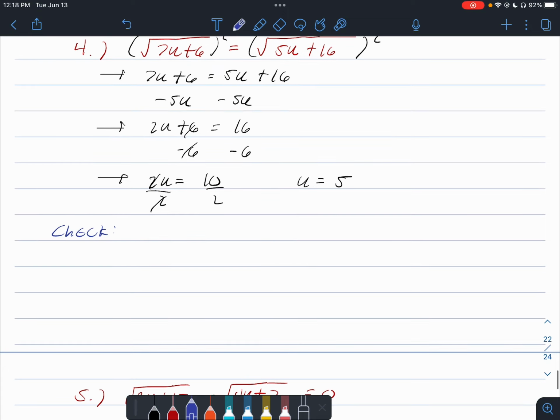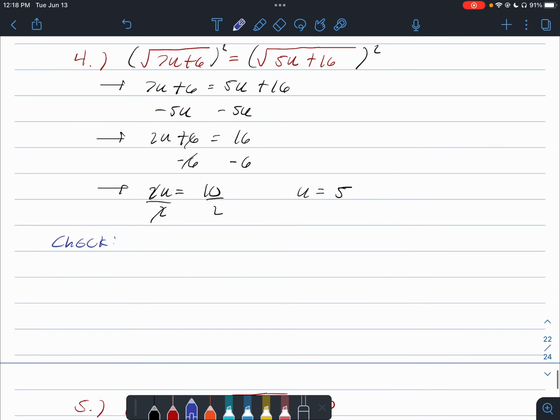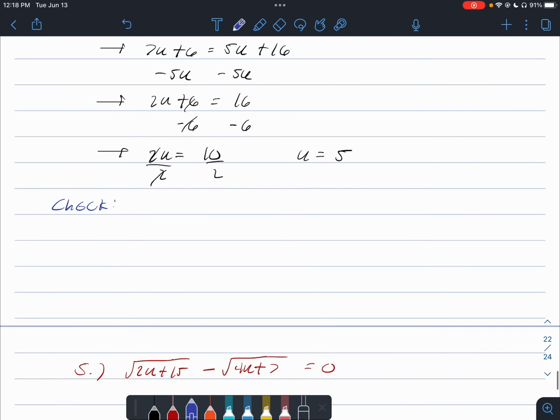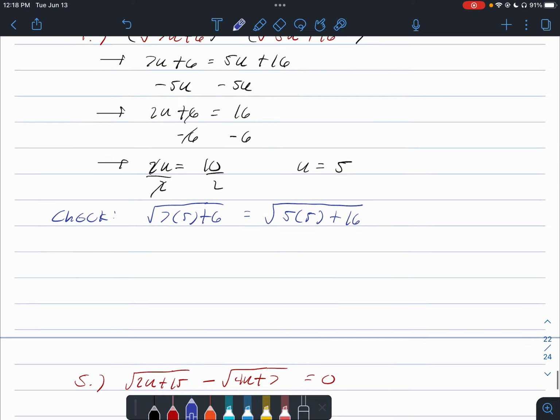All right, so if it makes sense, we should get something that is equal on both sides. So we'll have the square root of 7 times 5 plus 6 should be equal to the square root of 5 times 5 plus 16.